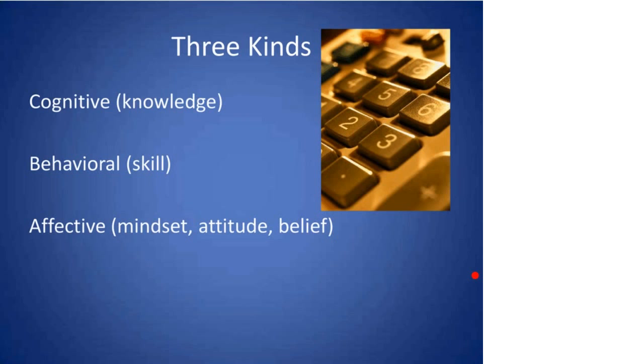Behavioral means we are giving material and showing competency that is skill-based. Or third, we may be working to influence the attitude, the mindset, the belief of our learner. It may be that they have a better understanding of why a policy is in place, or that we need to know certain math skills.